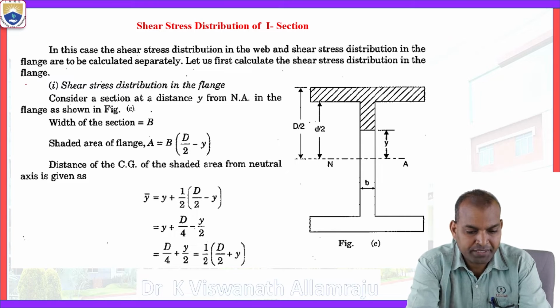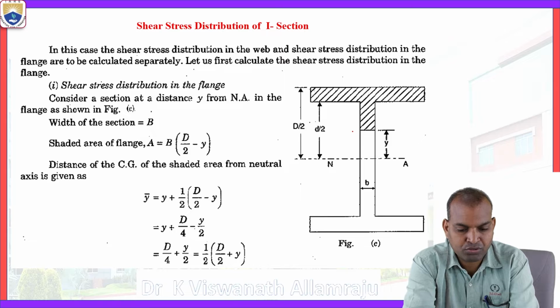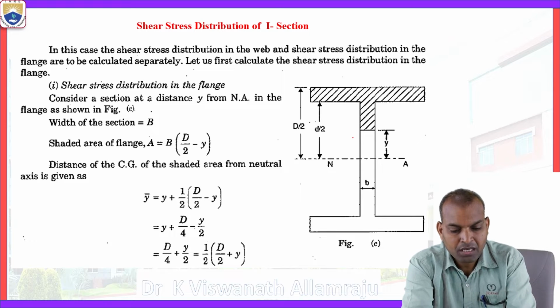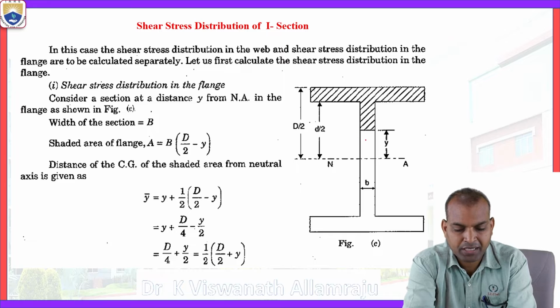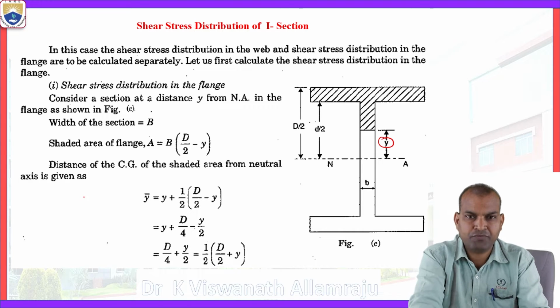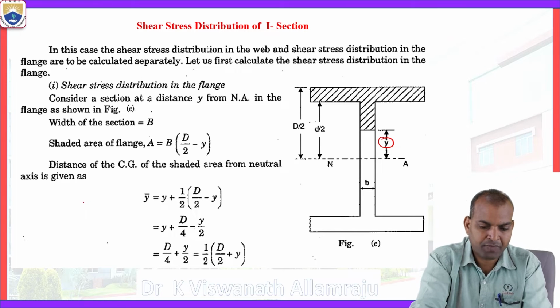Now we are going to find the variation of the shear stress, first in the flange. Consider the shaded area at a distance y from the neutral axis, as we have followed in previous sessions for the rectangular section and circular section.